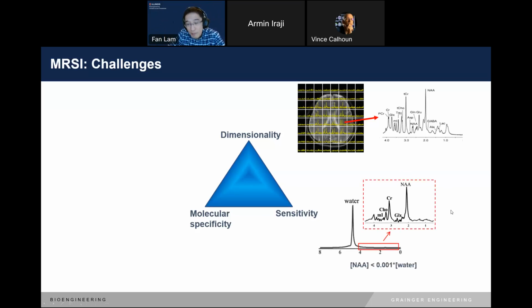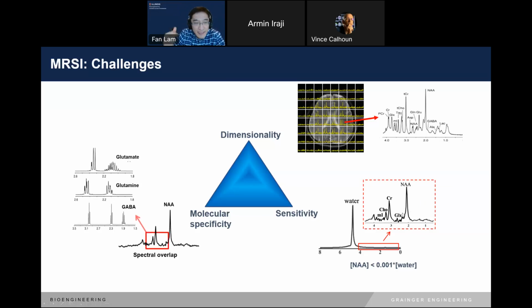More importantly, although this molecular level information is very important and powerful, the concentration of the molecules we're trying to image in MRSI is typically much lower than that of water, typically 3 orders of magnitude lower. So it's intrinsically a very sensitivity limited imaging modality.